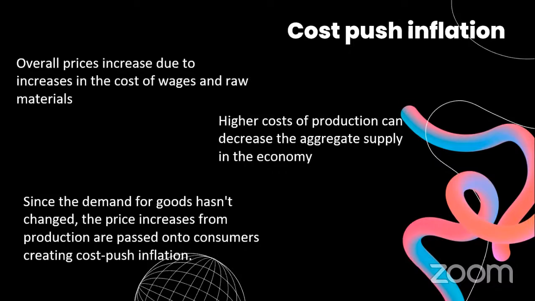Since the demand for goods hasn't changed, the price increases from production are passed on to consumers, creating cost push inflation. The most common cause of cost push inflation starts with an increase in the cost of production, which may be expected or unexpected.